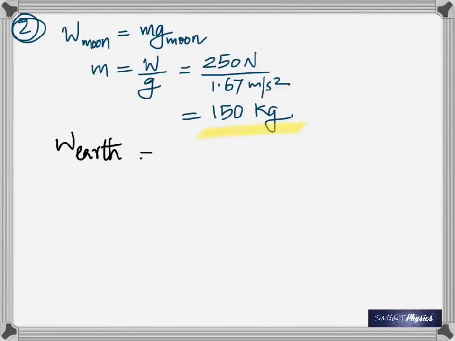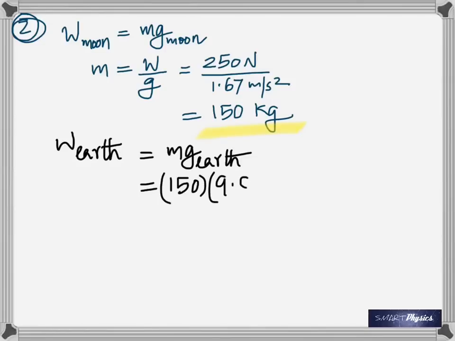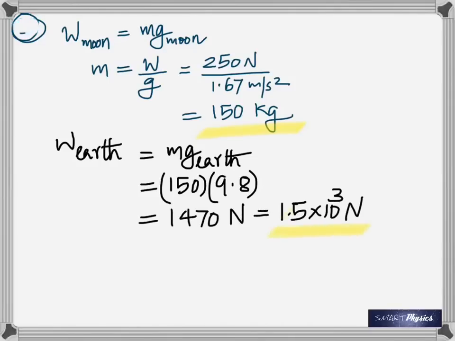And therefore, the weight on the Earth would be, again, mass times acceleration due to gravity on the Earth, which, as you know, is 9.8. Therefore, the weight is 1470 newtons. When you look at the significant figures, it's 1.5 times 10 to the 3.